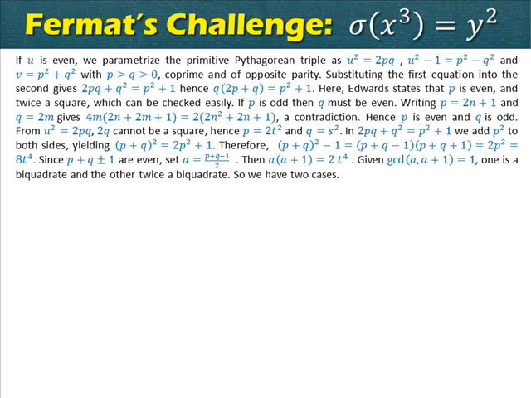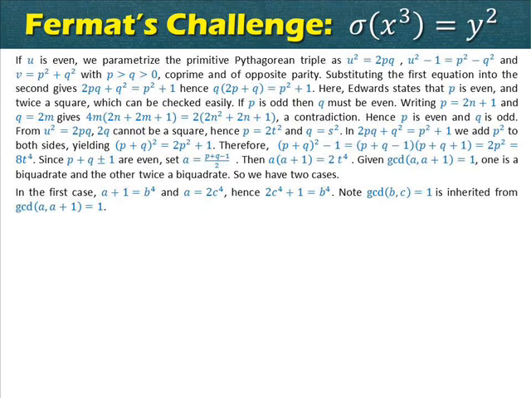So we have two cases. In the first case, a plus 1 equals b raised to the fourth, and a equals 2 times c raised to the fourth. Hence, 2c raised to the fourth plus 1 equals b raised to the fourth. Note that b and c coprimality is inherited from the coprimality of a and a plus 1.